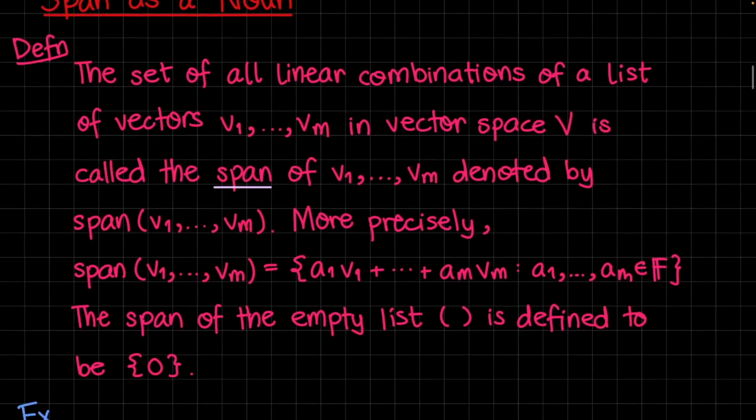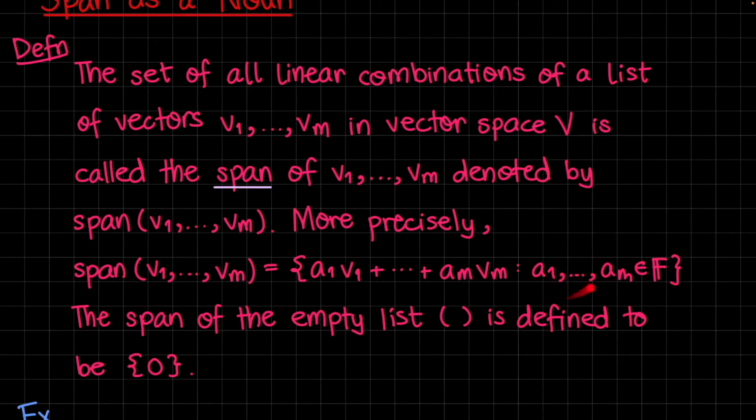More precisely, and this is the set definition, the span of vectors v1 through vm is all linear combinations a1 v1 plus dot dot dot plus am vm, where a1 through am range over all values of the field. So take these m vectors and just take linear combinations of them over all possible values of the scalars a1 through am.